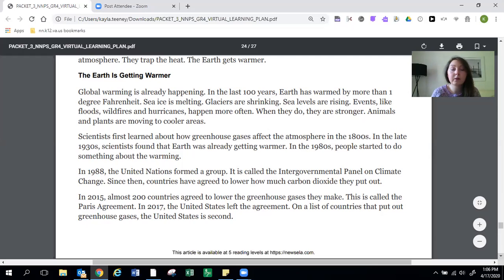Since then, countries have agreed to lower how much carbon dioxide they put out. In 2015, almost 200 countries agreed to lower the greenhouse gases they make. This is called the Paris Agreement. In 2017, the United States left the agreement. On a list of countries that put out greenhouse gases, the United States is second.